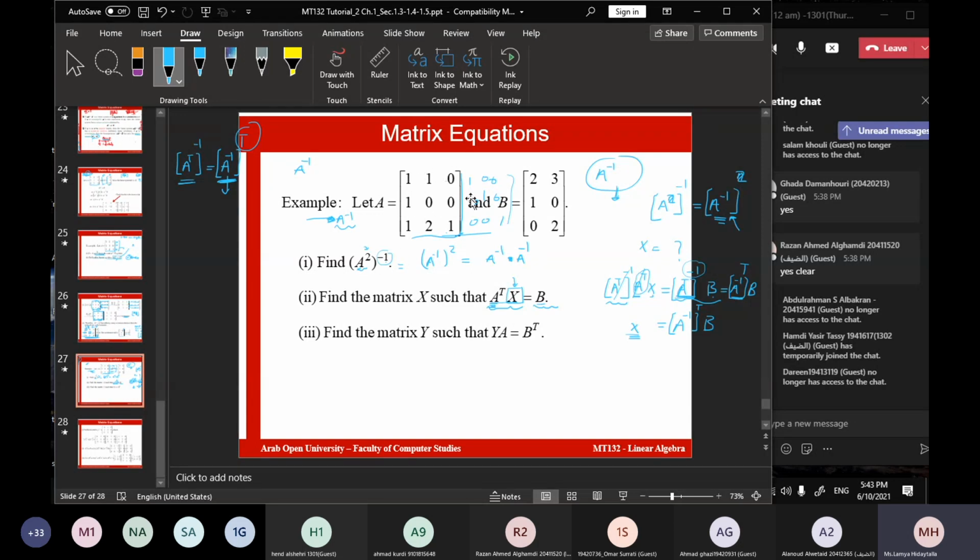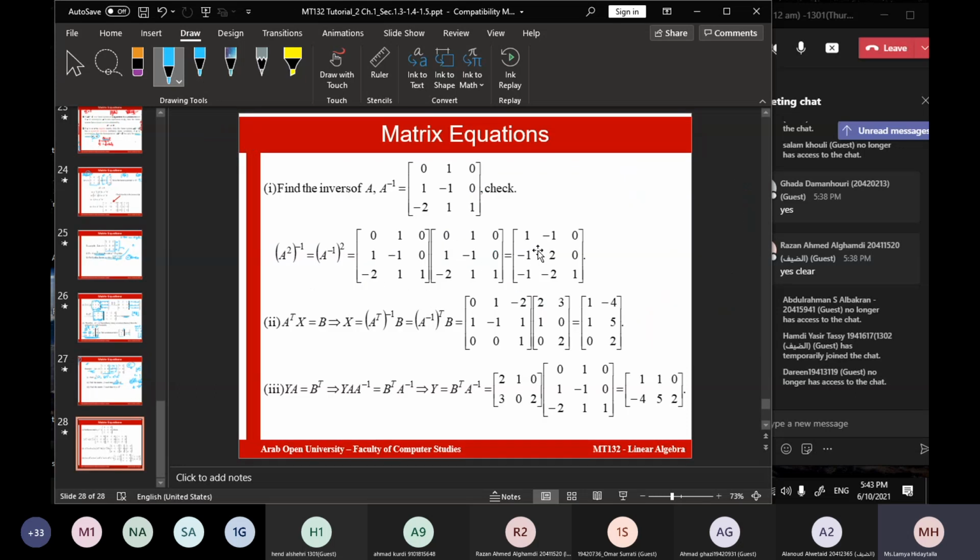Instead of multiplying this and that other part, it will take a long time, because I have a property here. Okay, so just multiply this times that, and I'm getting this one. Now we want to solve that. I told you to find what this times B, because we already got the inverse here. So we use this one, because in the property this one is equal to this one.